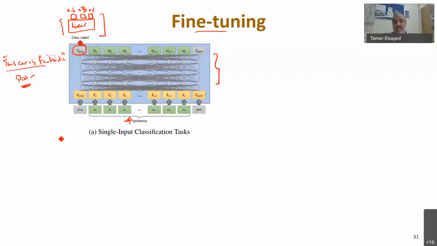Any answer, after I fine-tuned it? Yes, both. Why is that? I'm not talking about fine-tuning.